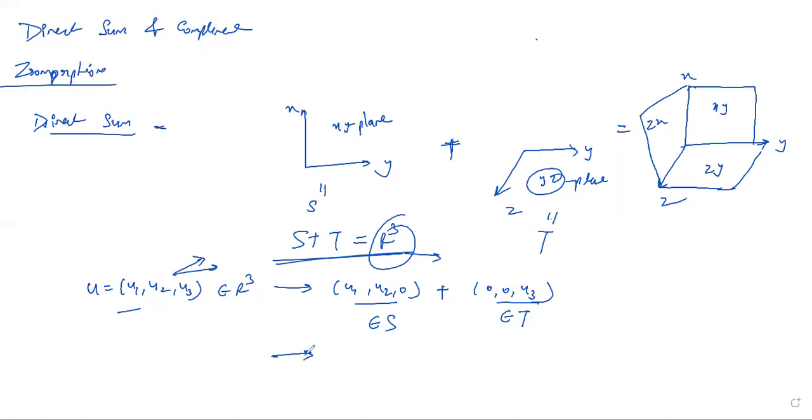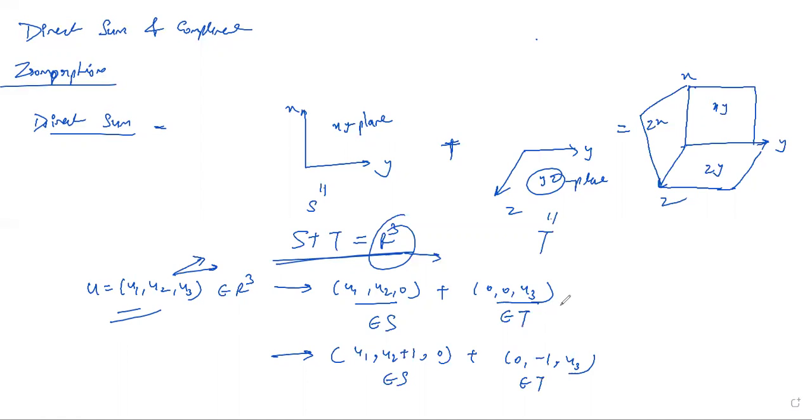And I can also write it as the sum of (u1, u2 plus 1, 0) plus (0, minus 1, u3), where this belongs to S and this belongs to T. So this vector u can be written in many ways.